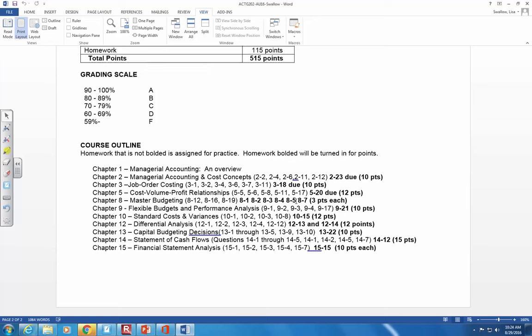That's the syllabus. I have a daily plan, so I know what we're doing every day all semester. I can just give you a couple dates. It always sounds kind of funny saying this on the first day of class, but we don't have class next Monday, Labor Day. We also do not have class on Friday the 16th of September or Monday the 19th of September, because I'm going to be gone.